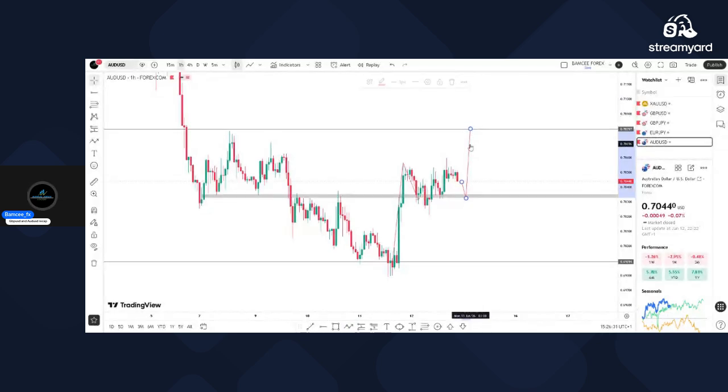But if this fails to happen, or if the market decides to go back down based on the trend of the market, then we need to wait for price to take back this particular level and make it a resistance, so we can sell AUD back to the downside. Yes, for AUD.